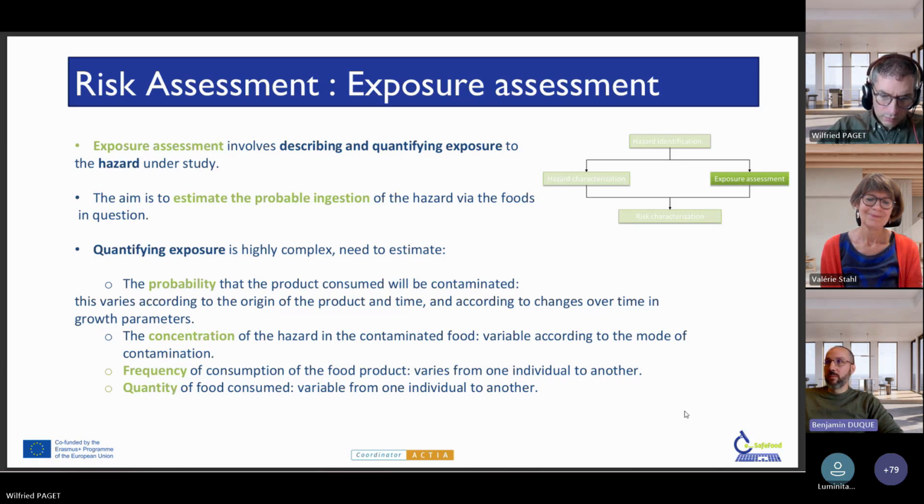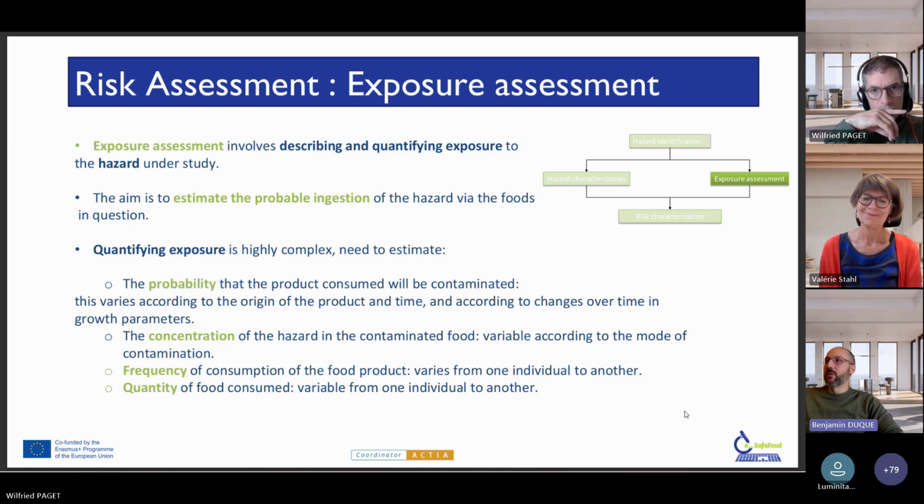And to perform the exposure assessments, we need to estimate several things, such as the probability that the product consumed will be contaminated, because in fact, not all products put on the market will be contaminated, thankfully.